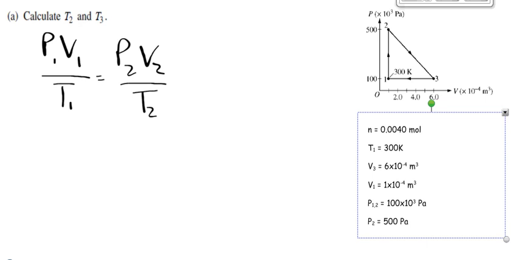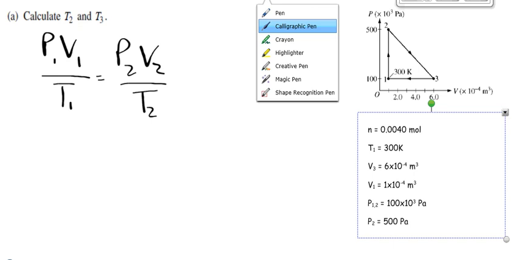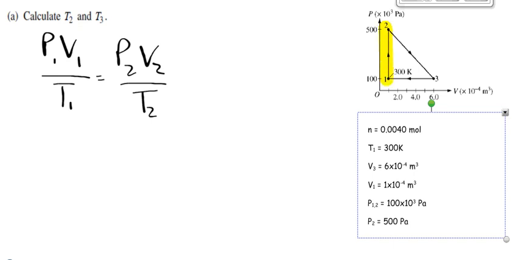We know a lot of information about 1, including the temperature, so we're going to use 1 as our known. Between 1 and 2 the volume stays constant, that's isochoric, so we can get rid of the volumes. Now we just have P1 over T1 equals P2 over T2, and you simply replace.